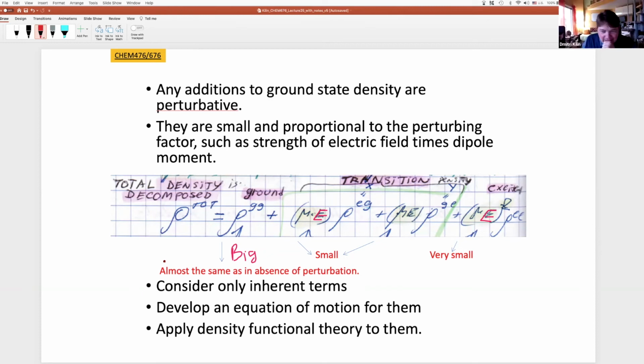And what else? I don't see that properly. So what are those? Can you guess? I don't know what they are. Is this mu? I can't see.